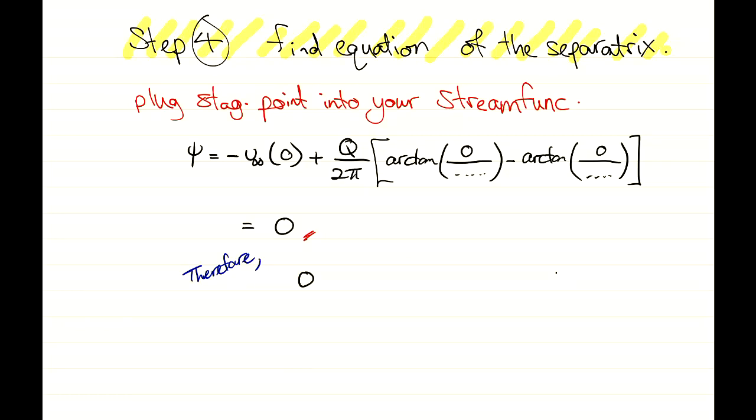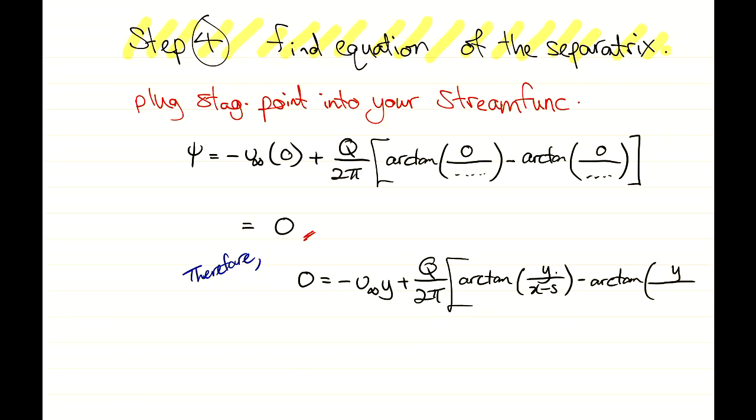Okay, so therefore, 0 is going to be equal to negative u infinity y plus q over 2 pi arctangent y over x minus s minus... I ran out of space.